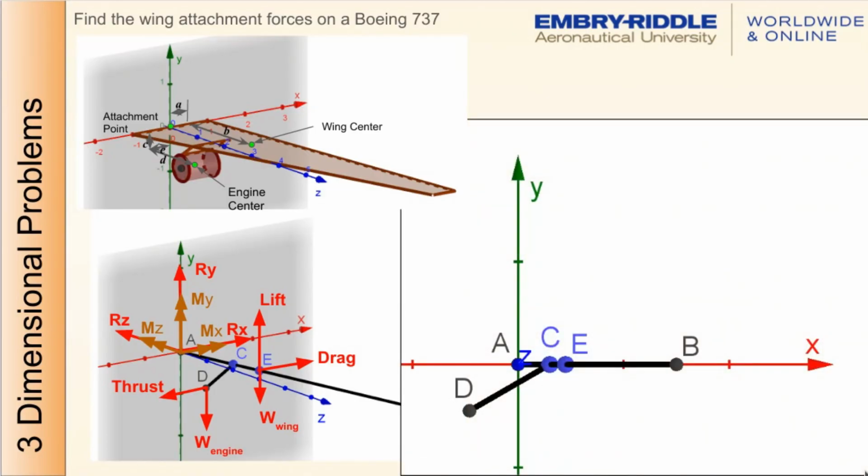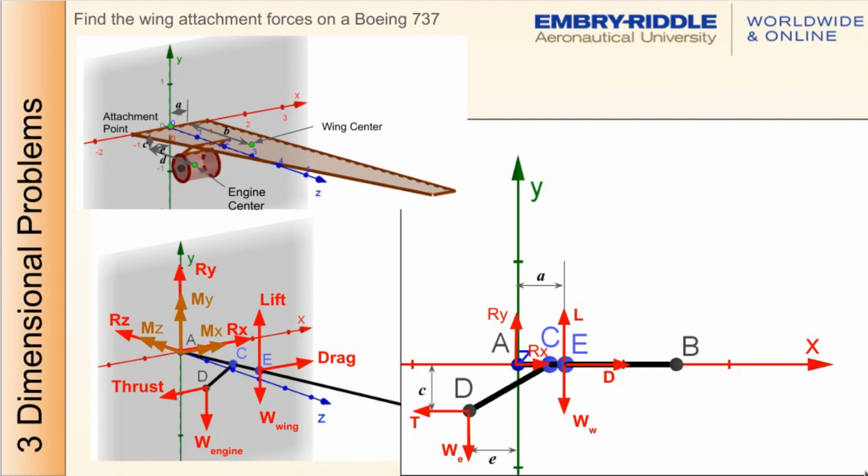But a handy thing to do is to draw a two-dimensional problem. Here we're just looking down the Z-axis, so we put Z coming straight out at us. And we have X and Y. We put our distances on, and then we add our applied forces and reaction forces.